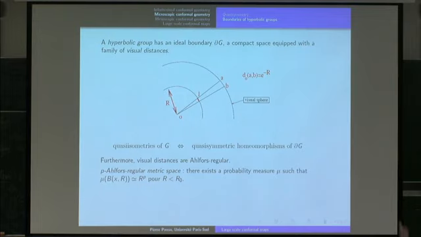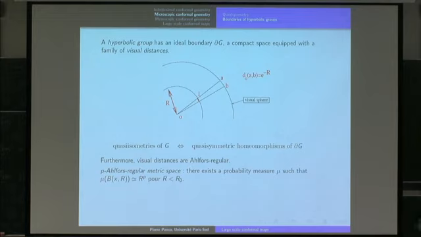Then you define the visual distance between the endpoints as e to the minus r. It does not quite satisfy the triangle inequality, but you can manipulate the definition so that it is satisfied. So we really have true distances.